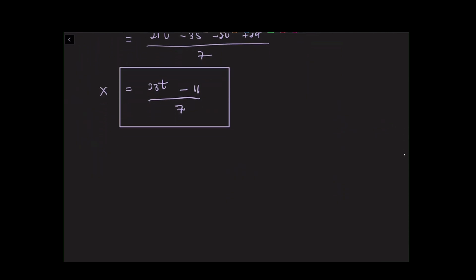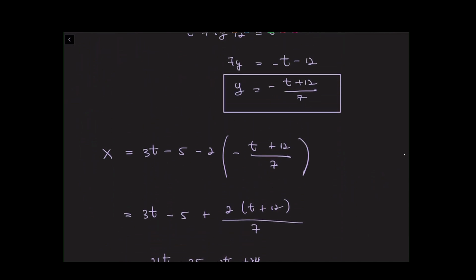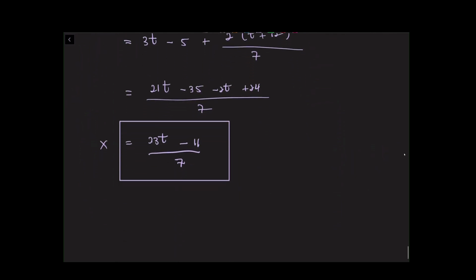Looking at y, I realize that if I use t equal to 12, then I'll get 0 for y, because negative 12 plus 12 will give me 0.